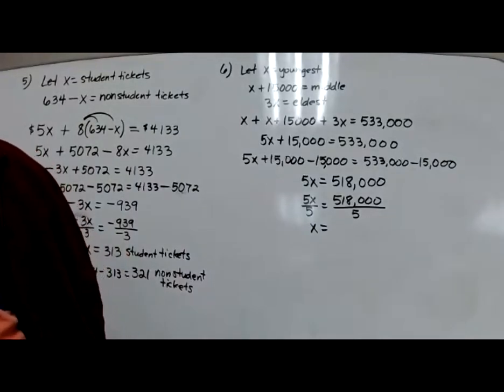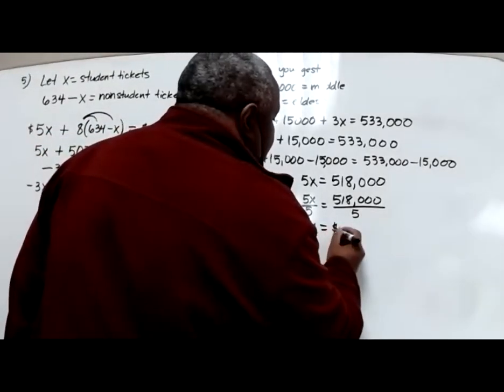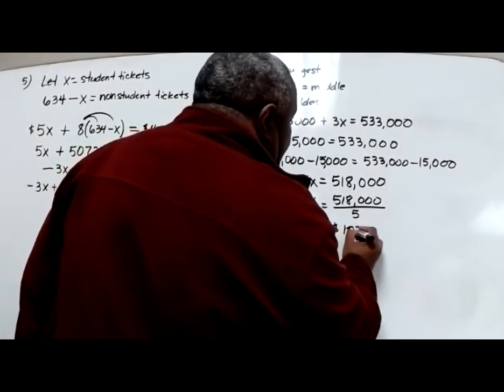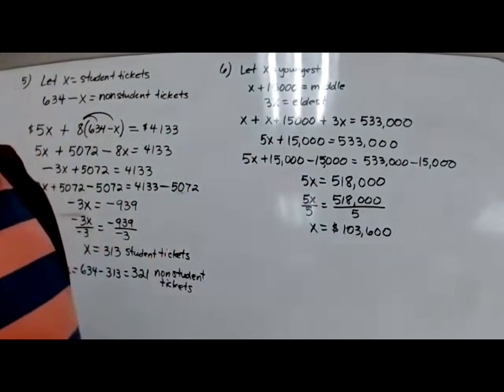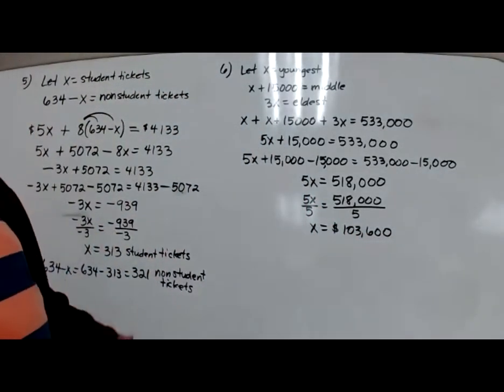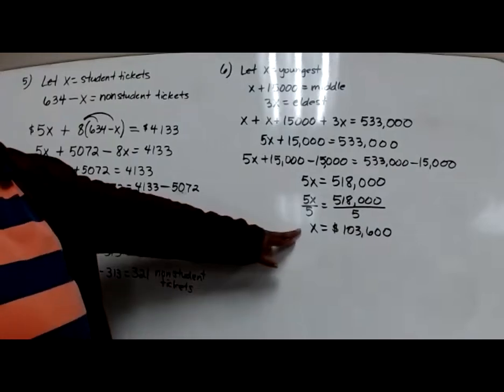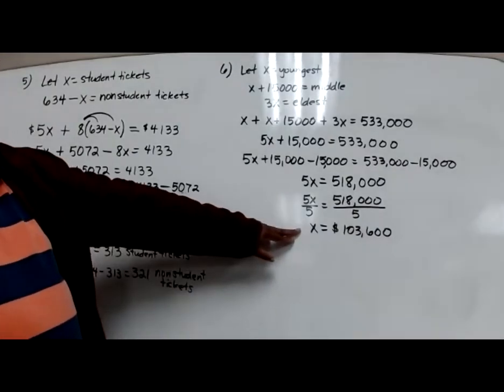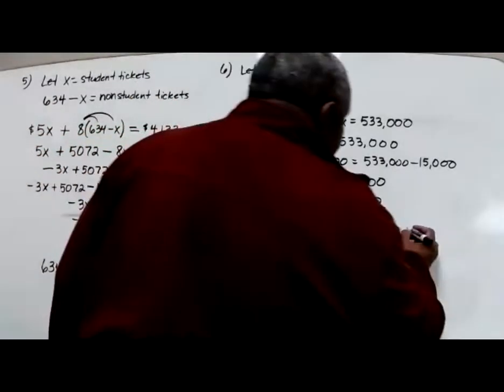Okay. I'm putting a dollar sign here, so $103,600. Now we can't end this problem right here because it does say how much did each receive. We only know x is $103,600, which is represented by the amount that the youngest child received.